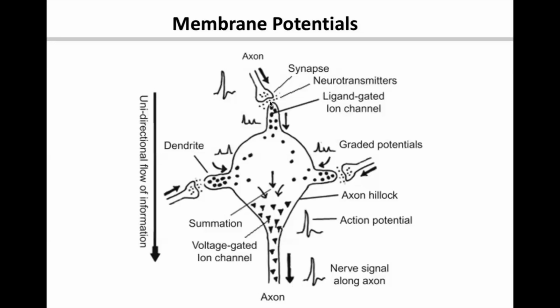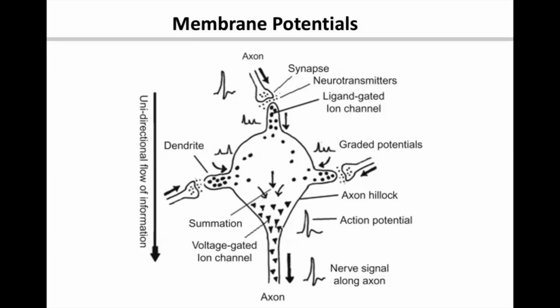Let's put it again. These neurotransmitters attach to their receptors. As a result, ligand-gated channels open. When these ligand-gated channels open, there is movement of ions.